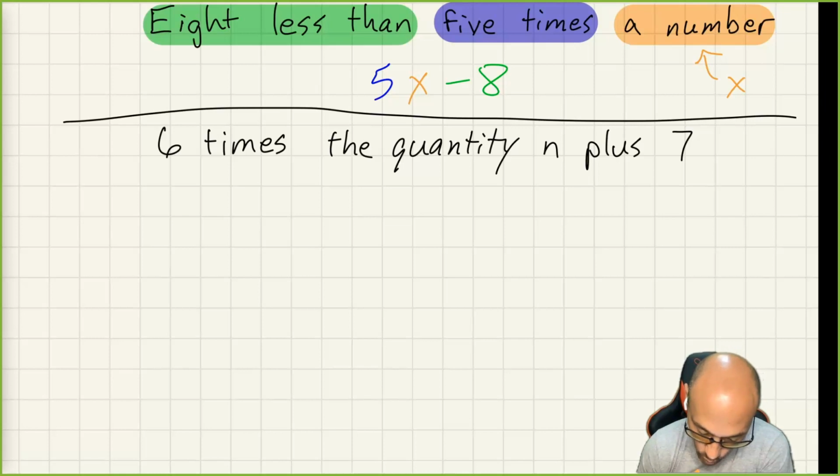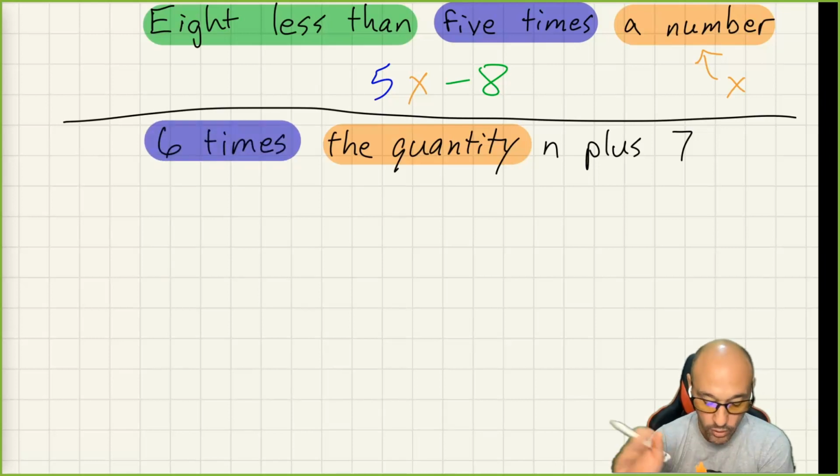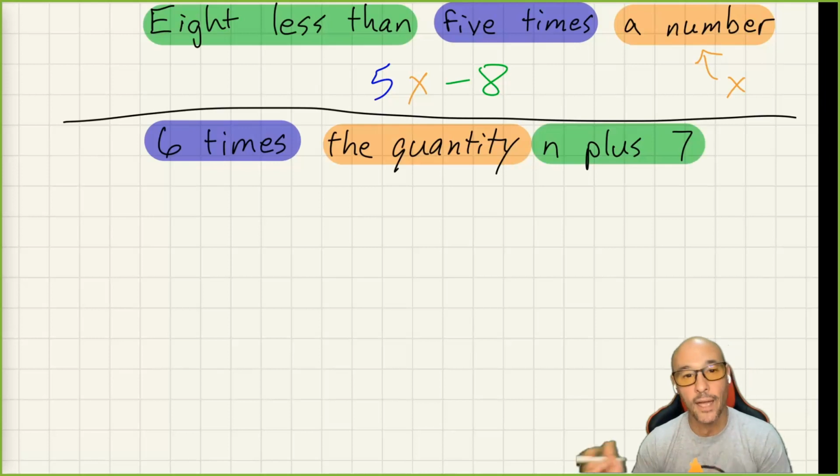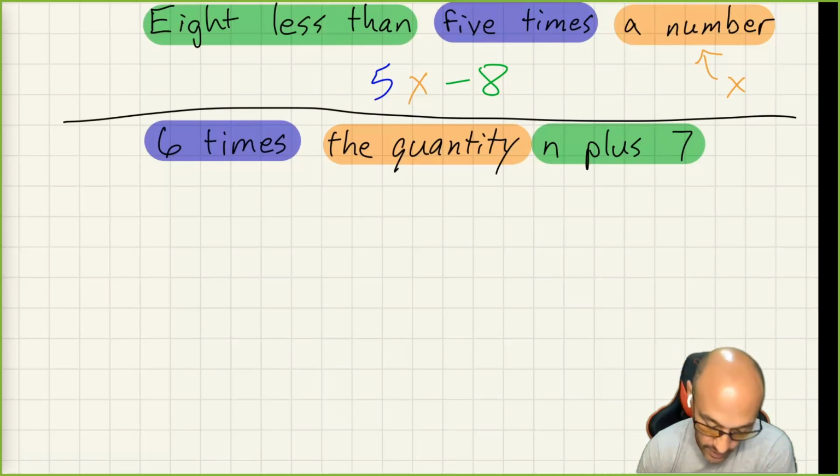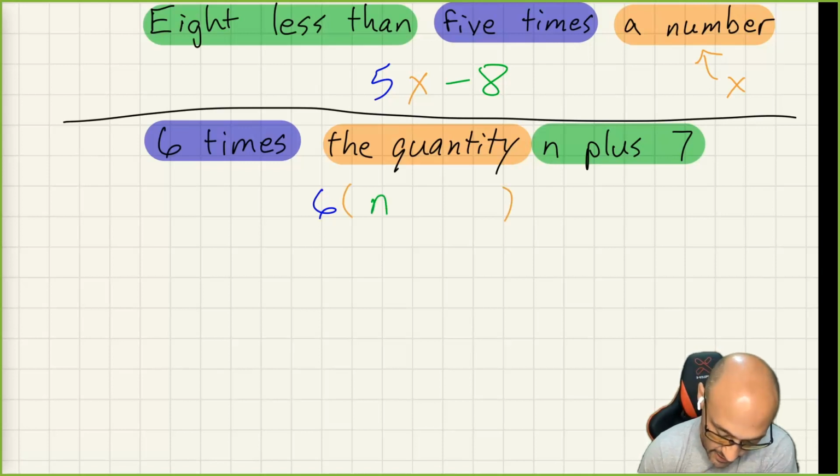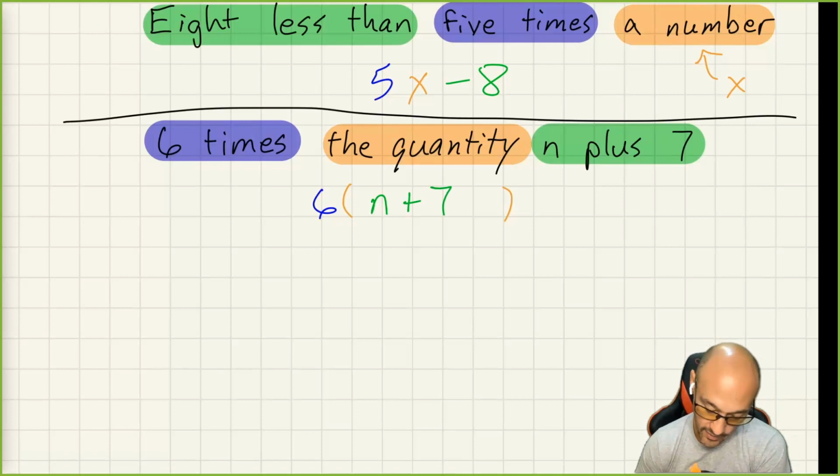We have 6 times, which means we're multiplying 6 by something, and n plus 7 is what is inside the parentheses because it's the quantity n plus 7. So in math symbols, 6 times the quantity, and inside the parentheses, n plus 7. So the quantity means parentheses.